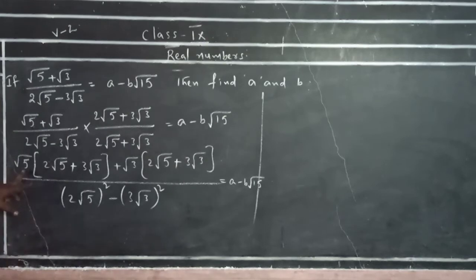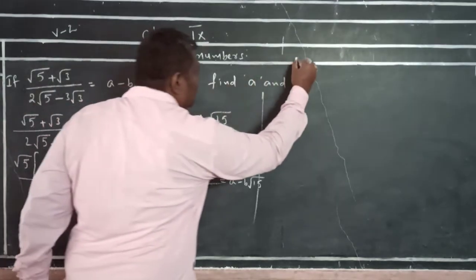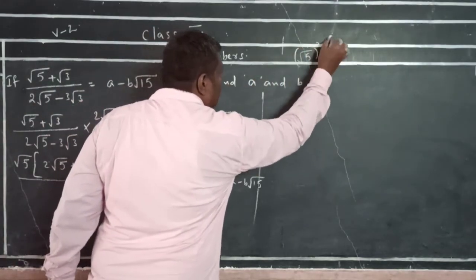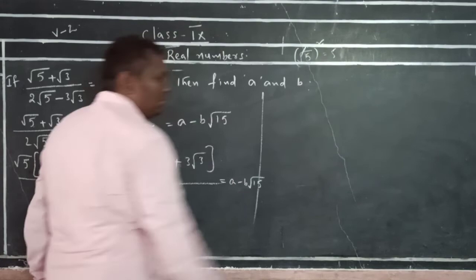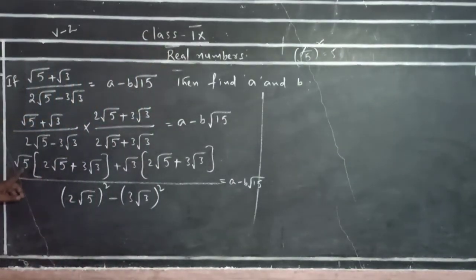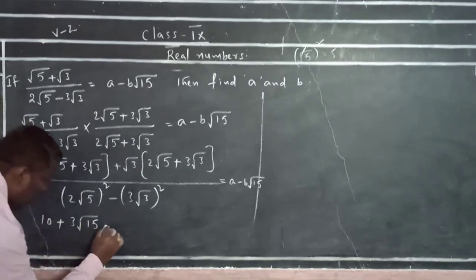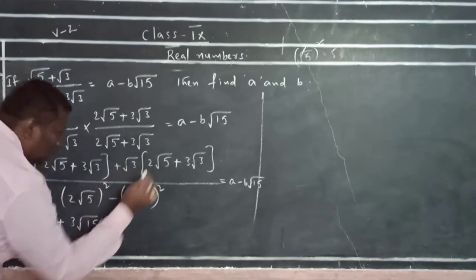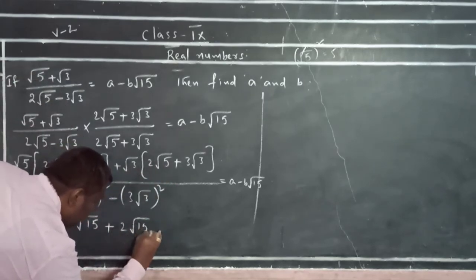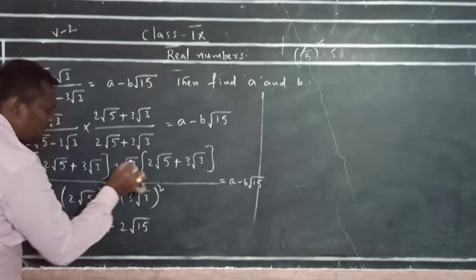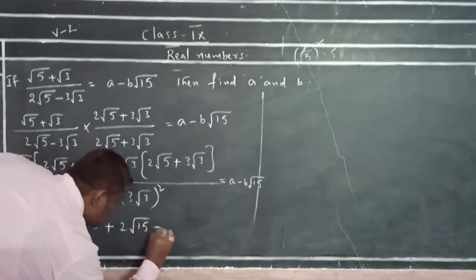Okay, now multiply here. Root 5 into root 5 is 5. Square root cancels, got 5. 5 into 2 is 10, plus here root 5 and root 3, root 15, plus 3 root 15, plus here also 2 root 15. Root 3 into root 3 is 3, 3 into 3 is 9.